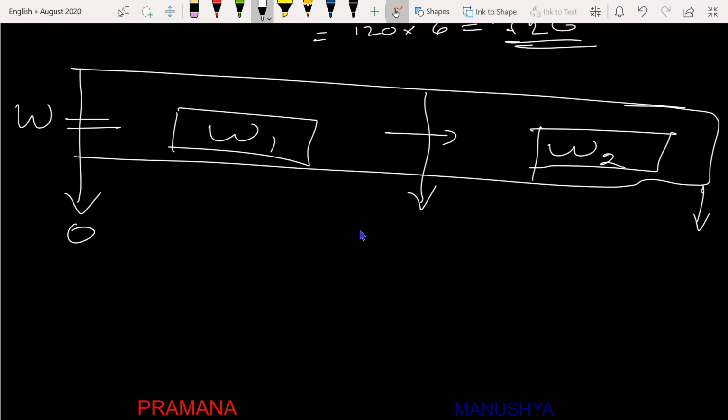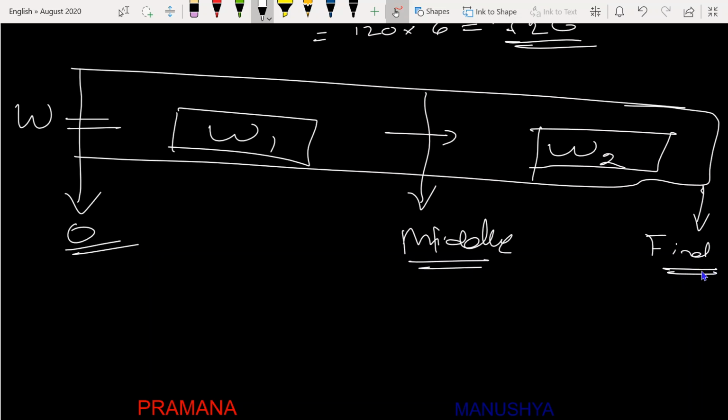So this is like 0th level, first level, and this is the final level, or this is like middle. Okay, 0 initial stage, then middle stage, then final stage. So this work has to go through W1, then after this W2.